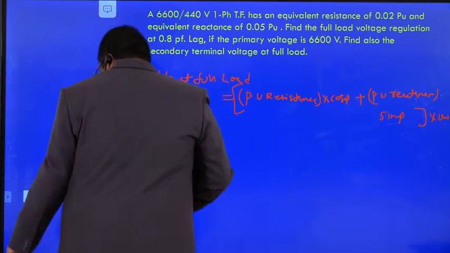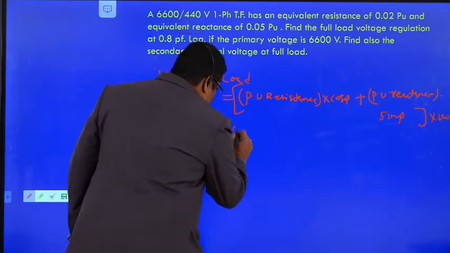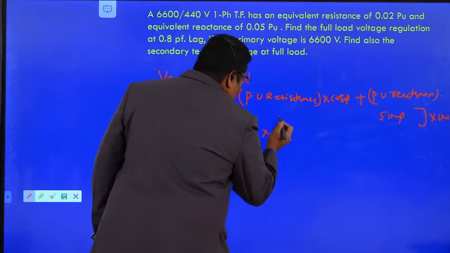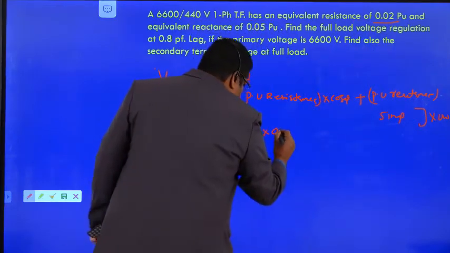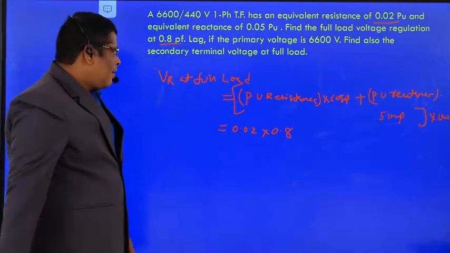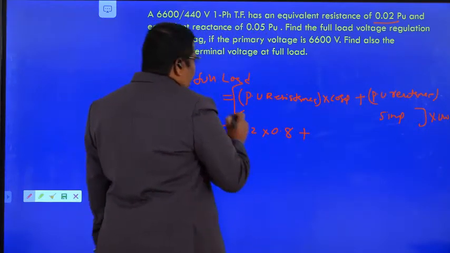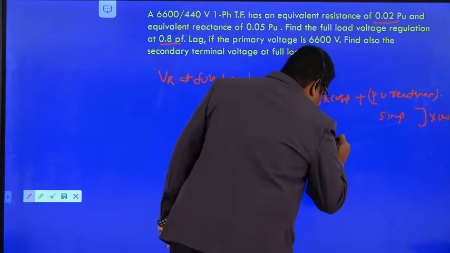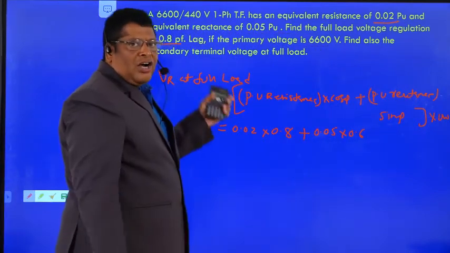So how much value is given for the resistance? Per unit value of resistance is 0.02 into cos phi, that is 0.8, plus per unit value of reactance is given, that is 0.05 into sin phi. Already cos phi value is given.